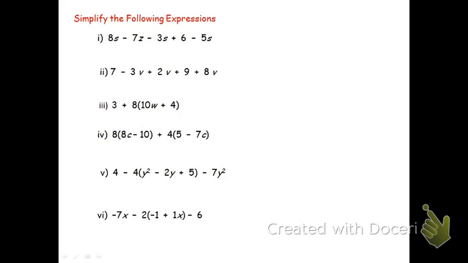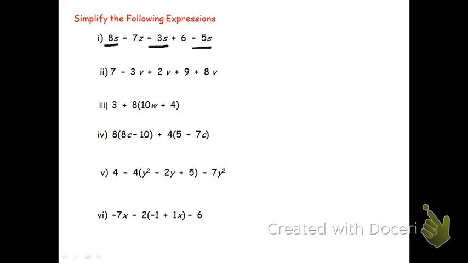Okay, so simplifying the following expressions. What you do is go through, if there's any simplifying to do, like distributive property, we do that first. But I don't see anything here, there aren't any parentheses, so we just combine like terms. So I'm going to go with my s's. I have 8s, a minus 3s, so don't forget that minus in front, and a minus 5s.